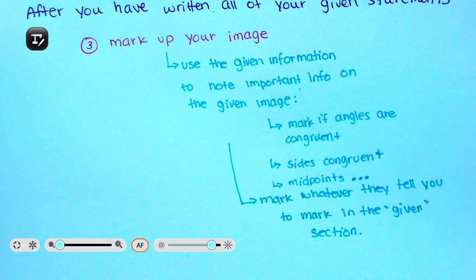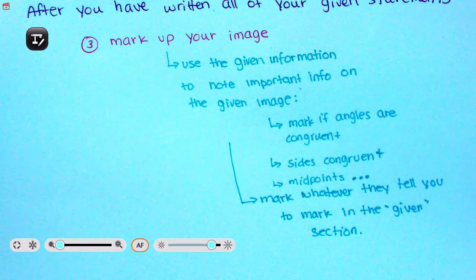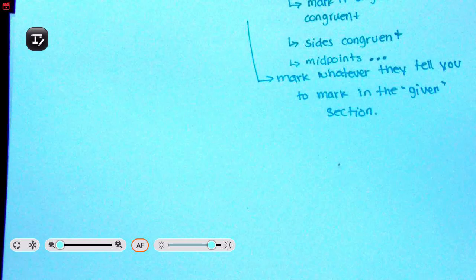Now that you have your image marked up, you have your reason and statement columns, you have your reasons and statements, you have those written down. You're going to move on to step number 4.